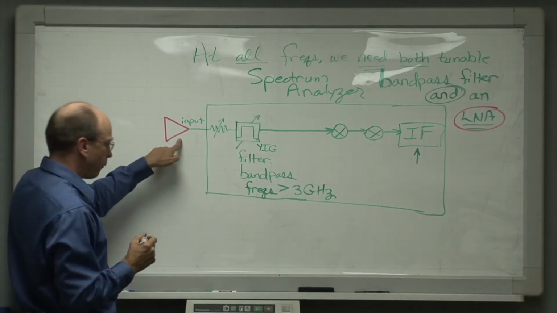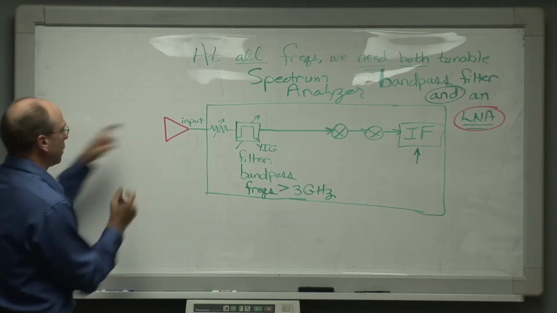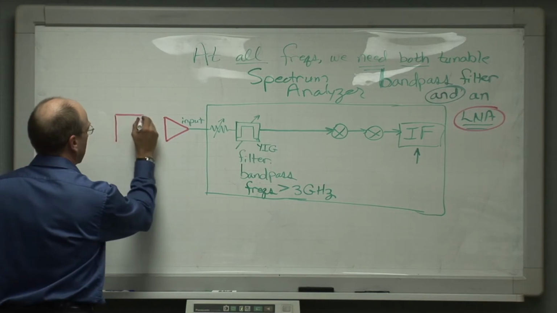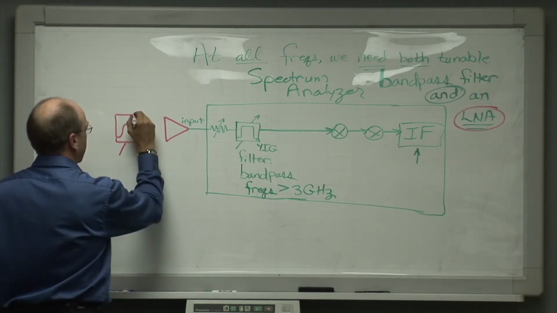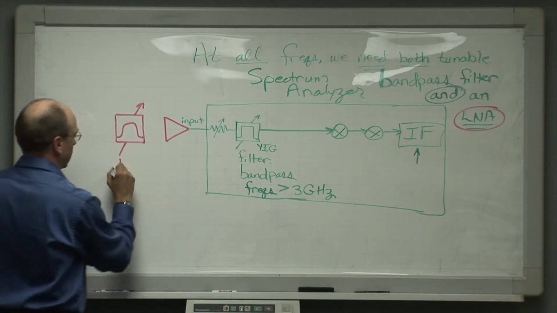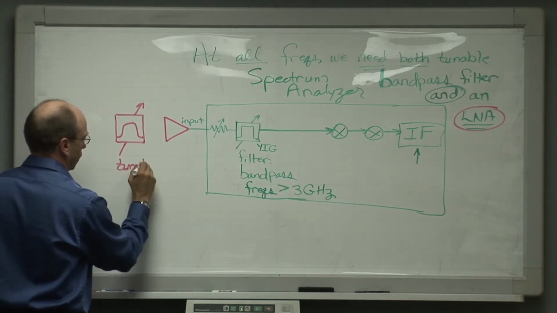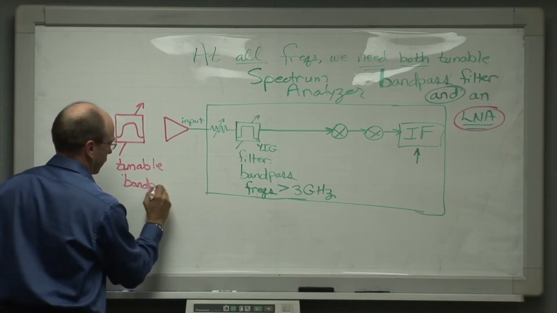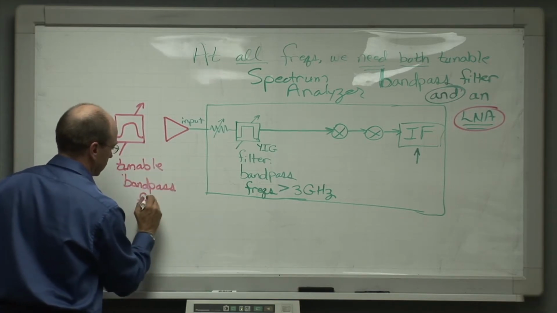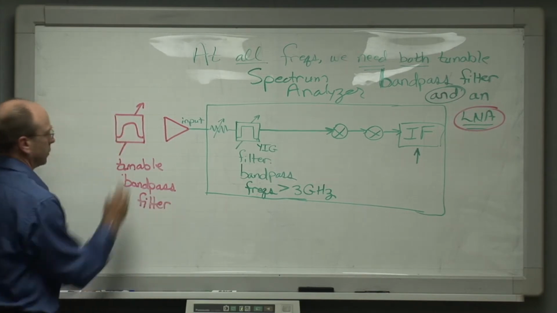And having done that, we now have to put the tunable bandpass filter here, like that. And I'm going to draw it with an arrow to indicate that it's tunable. A tunable bandpass filter here.